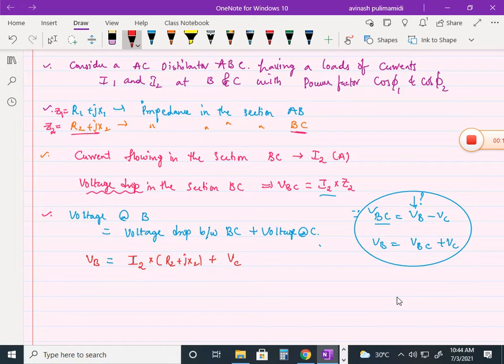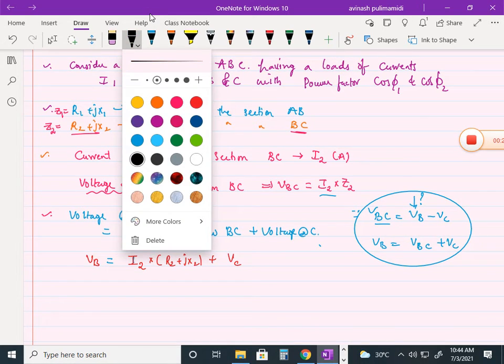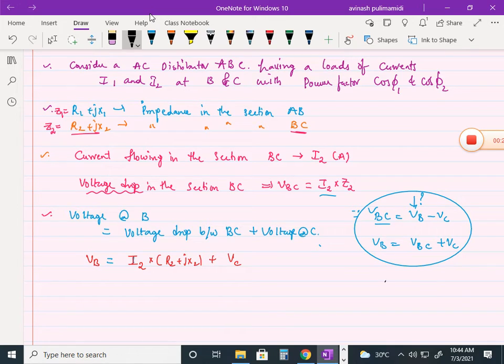Okay, similarly the current in the section AC. How to find it? Similarly VA minus VC. Or else the current in section AB; you can follow the same way. Let me write here below.